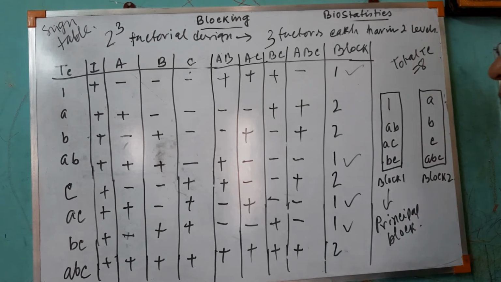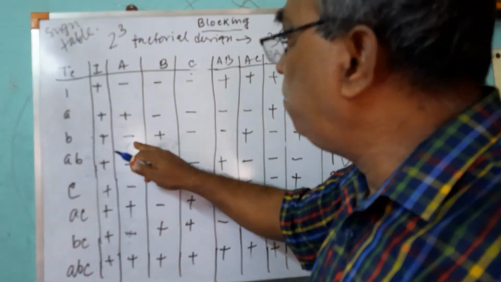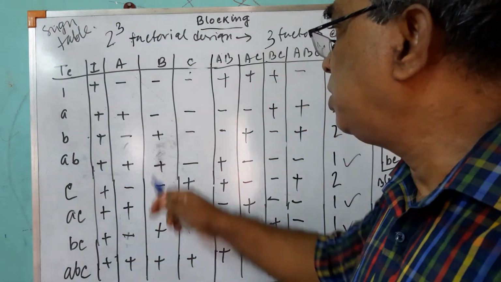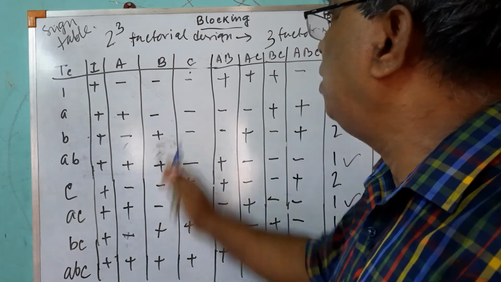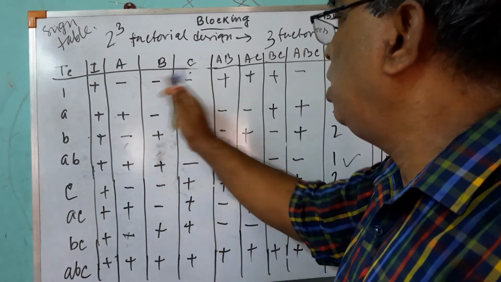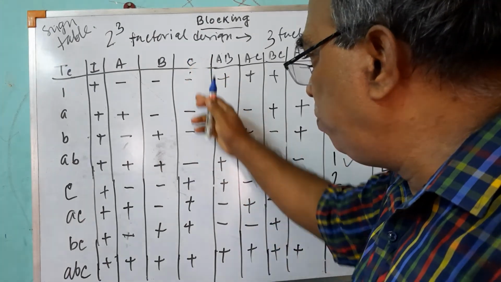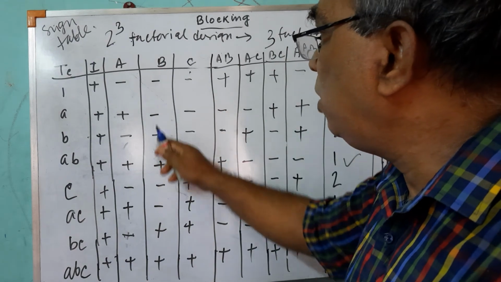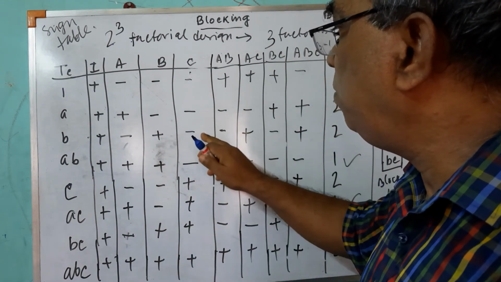Now the question is, suppose I am taking here A has minus plus minus plus minus plus minus plus. So you can ask me, suppose I can interchange, suppose this sign comes here and this sign comes here, just interchanging the sign. That means all 4 negatives I am taking here, then 4 positive here, then 2 negative, 2 positive, 2 negative, 2 positive, then negative, positive, negative, positive.